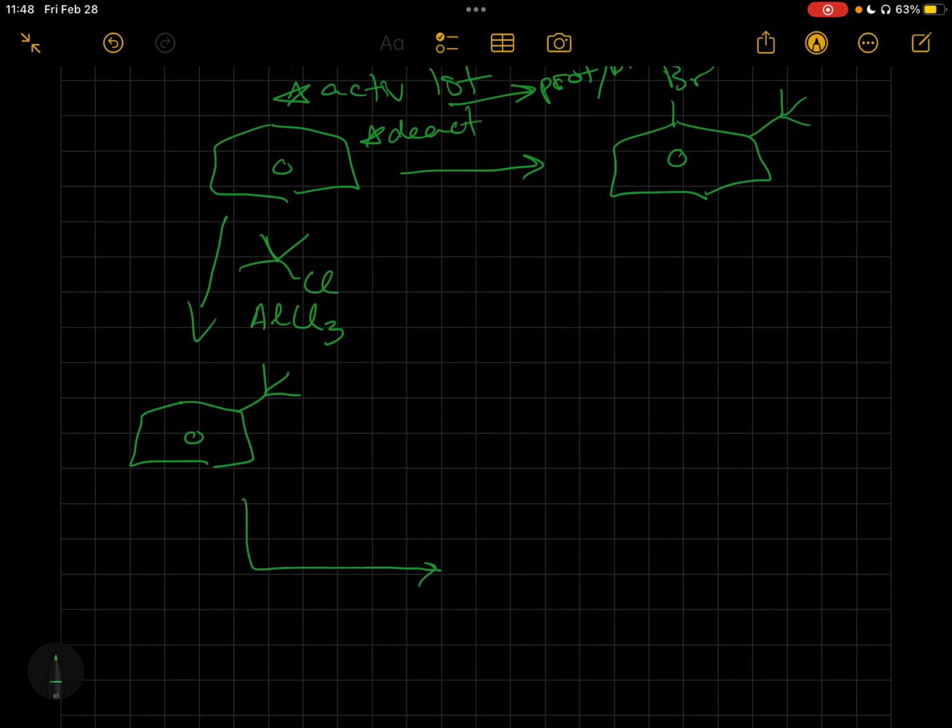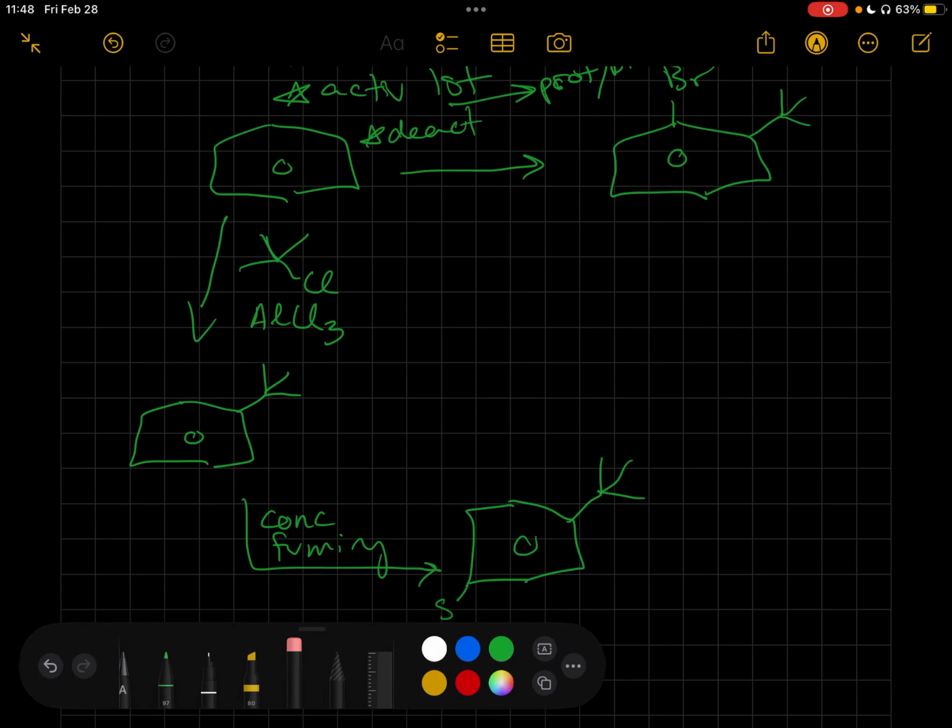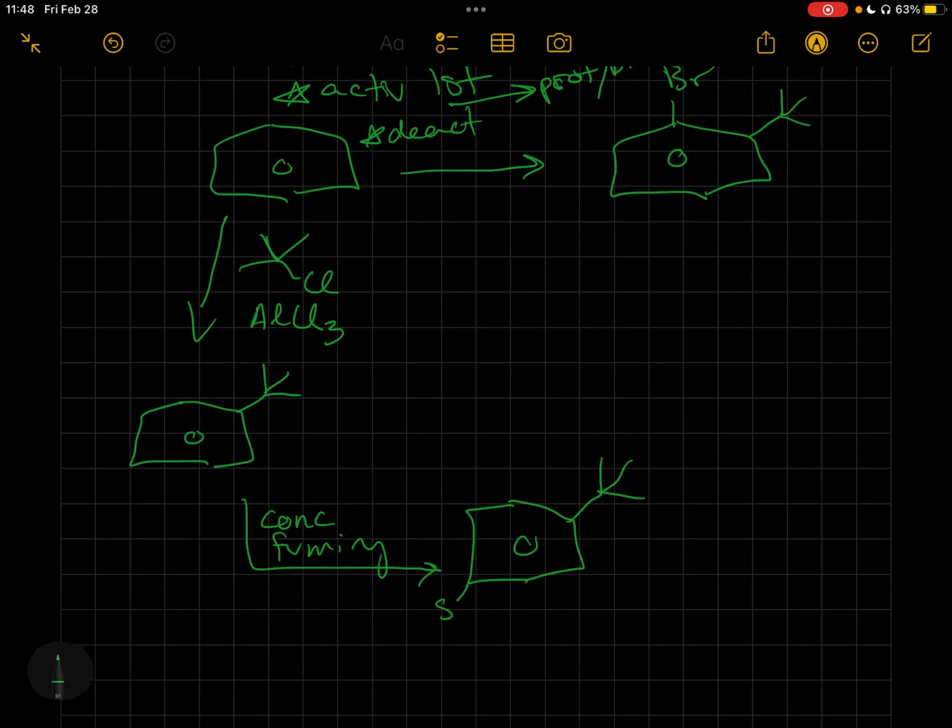This is now where we will do our blocking. So concentrated fuming sulfuric acid, and that's a big group, so it will add para. I'm going to erase my really big sulfuric acid over the arrow and redraw it.